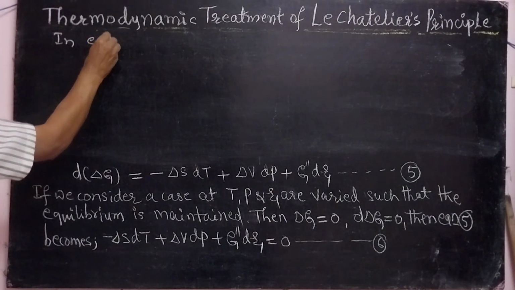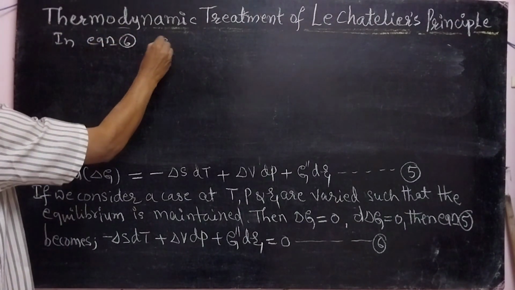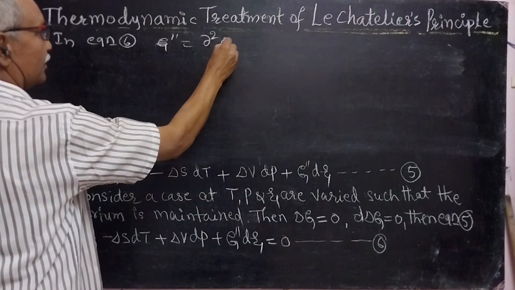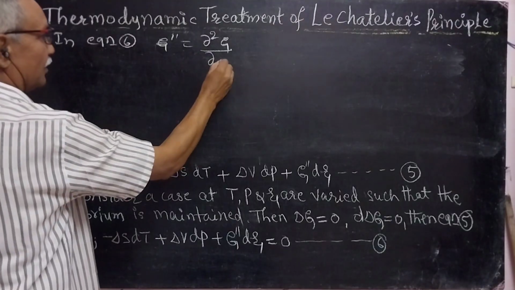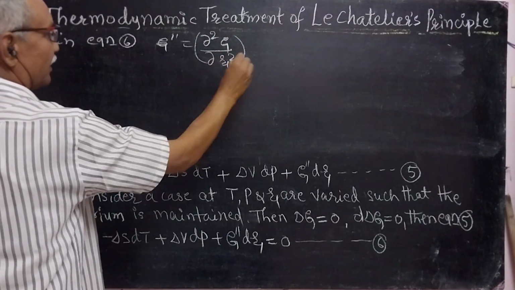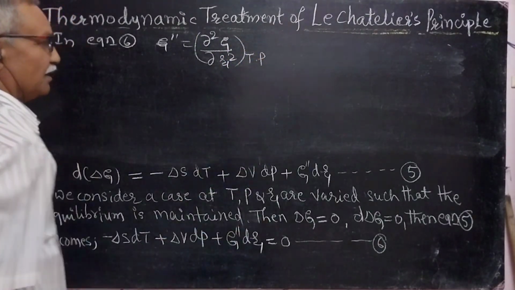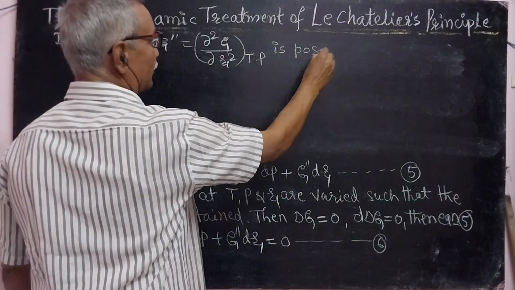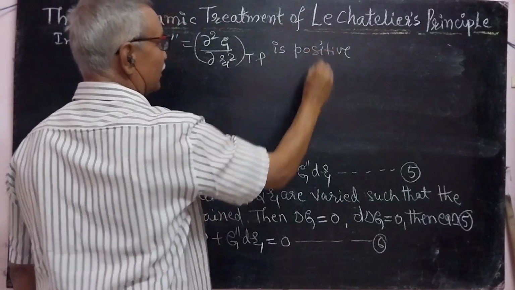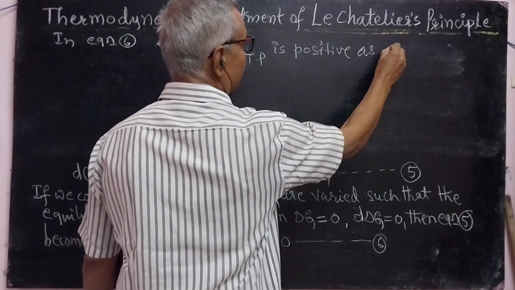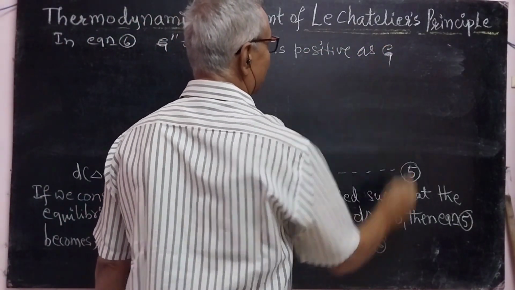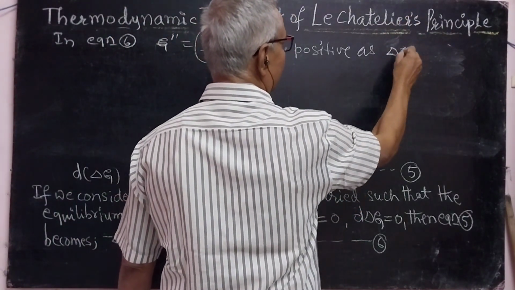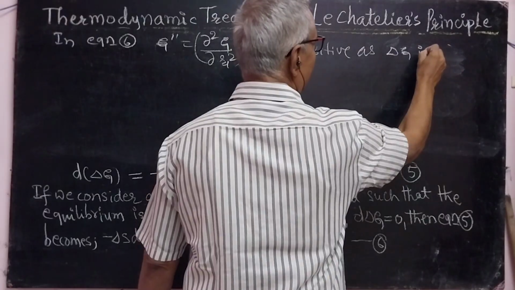In equation 6, G double dash, which is ∂²G/∂ξ² at constant temperature and pressure, is positive as ΔG is minimum.